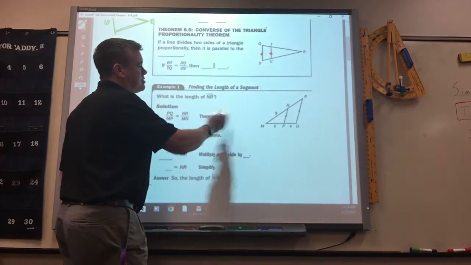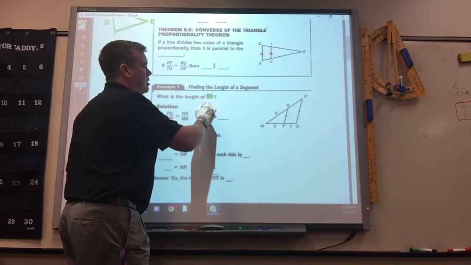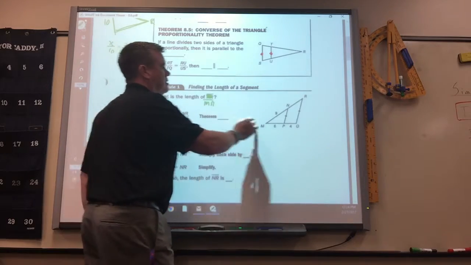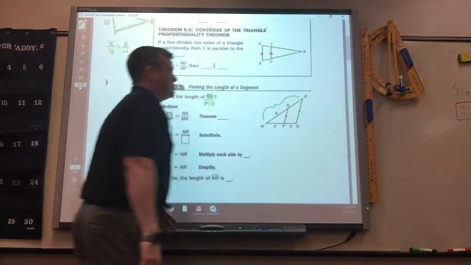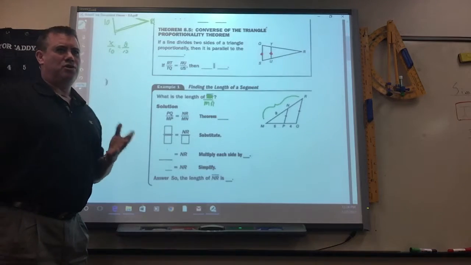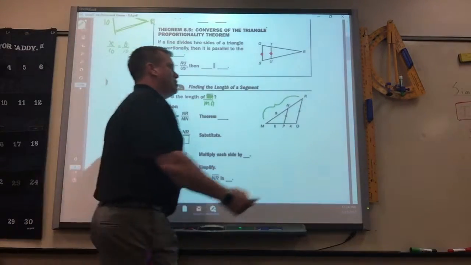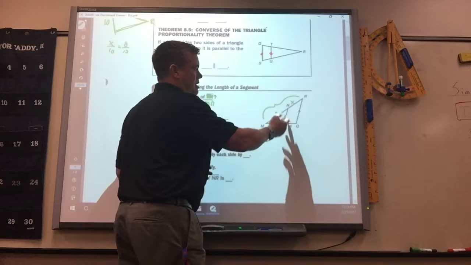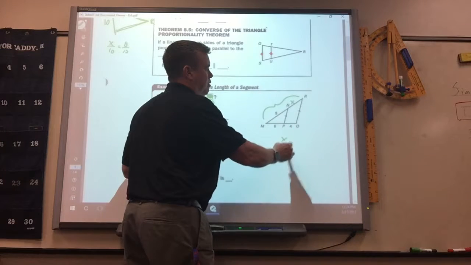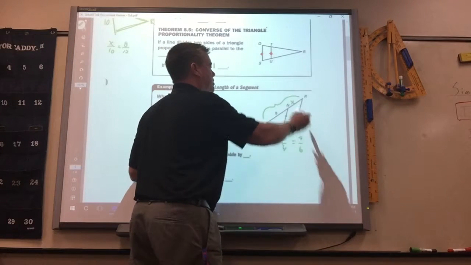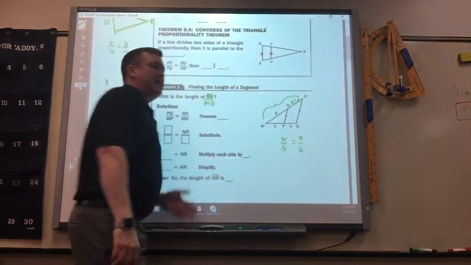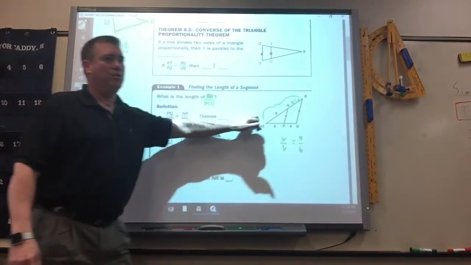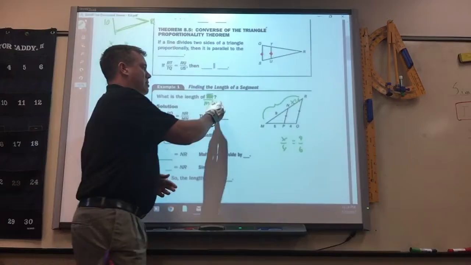Okay? Now, sometimes you got to look for a shortcut. If they would have asked for, and they will in the assignment, they'll ask for MR, the whole length. Okay, so you could do it one of a couple ways. You could just find this the same way we just did. X to 4 equals 9 to 6, and we figured out that was 6. And then to answer the question, the whole thing is you just add them together.